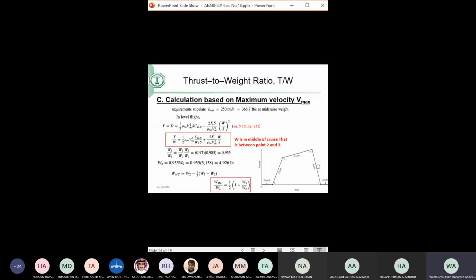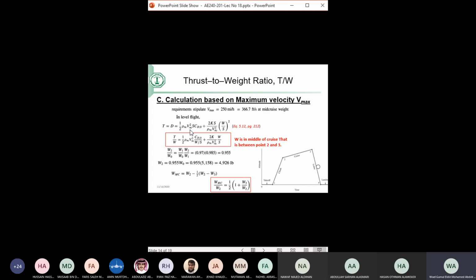Let's go on to the third condition, calculation based on the maximum velocity. We want to achieve a maximum velocity of 250 miles per hour, which is 366 feet per second. What's the power of the engine that I need? So the way to do this is that during the cruise, we will calculate what's the maximum thrust that I can get, and then I will multiply it by the speed, equate that to the power.